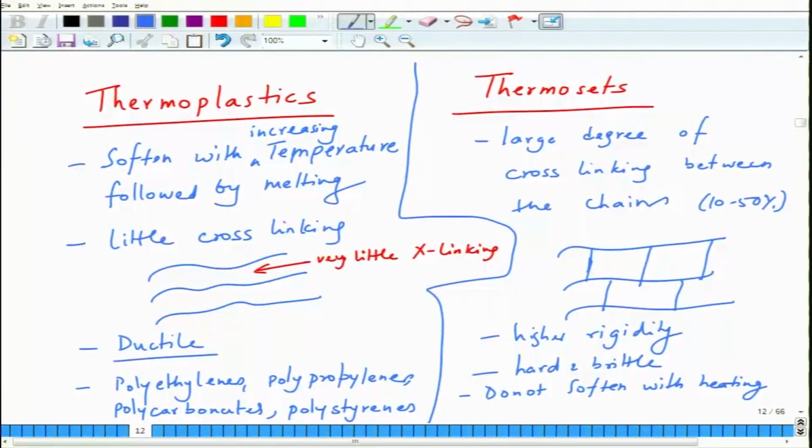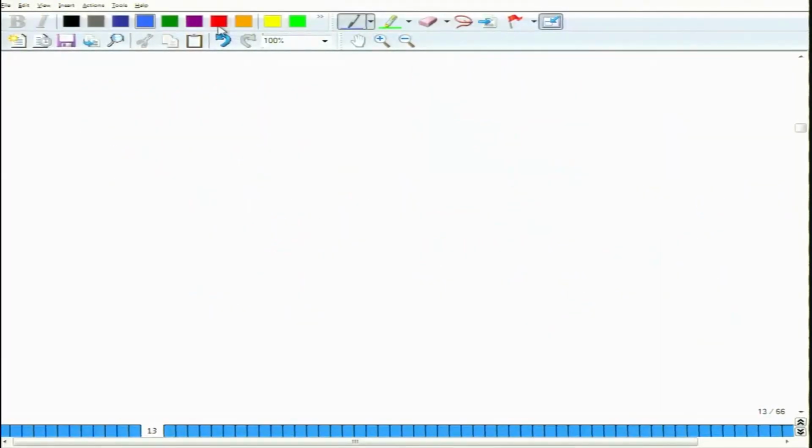Okay. And they generally degrade at high temperatures, they decompose at higher temperatures. Okay. So, the examples of thermosets, let me give you some examples of thermosets.